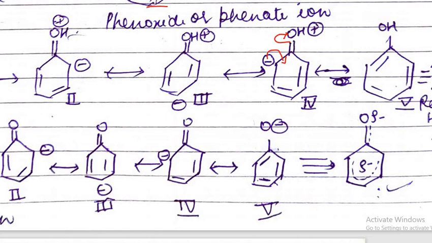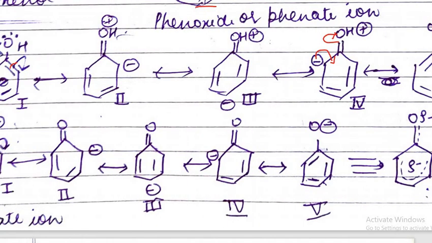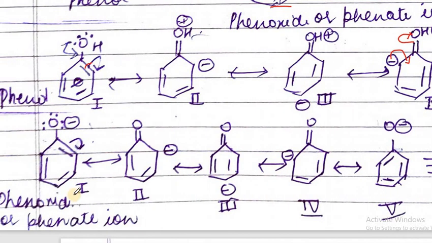On the other hand, while the phenate ion has resonance structures, in this the hydrogen will be absent and it will have a negative charge. So when these electrons move to this carbon, the negative charge becomes neutral because it already carried a negative charge. When these electrons move to this, the positive and negative get neutralized.